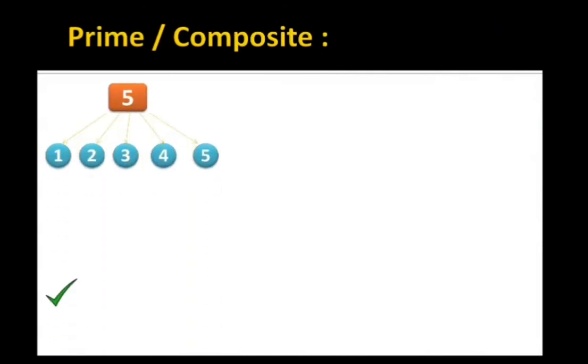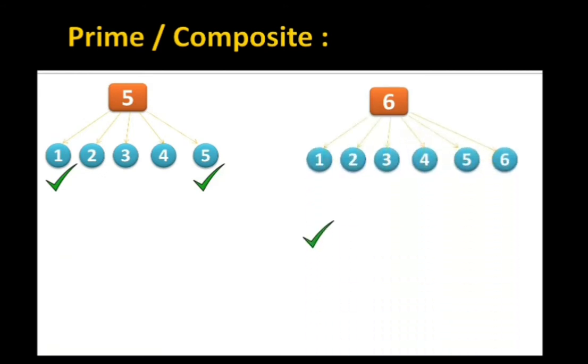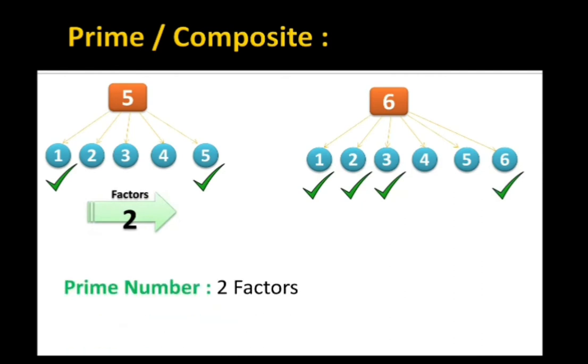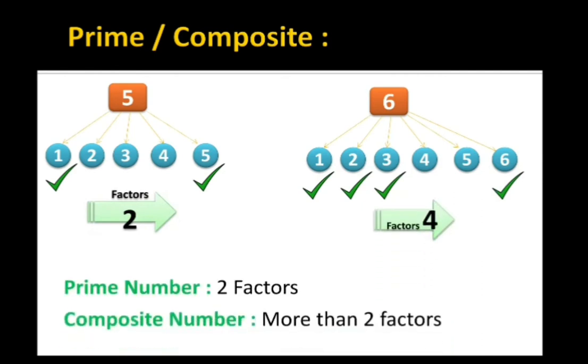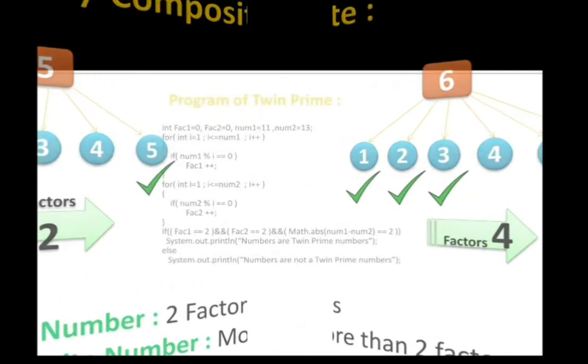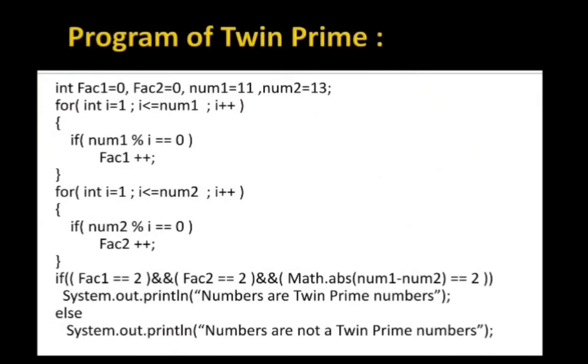I told you earlier about prime numbers having 2 factors and composite numbers having more than 2 factors. Now, I am going to provide you the logic of twin prime.